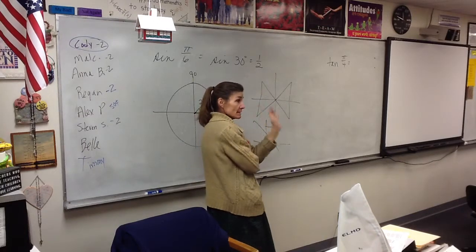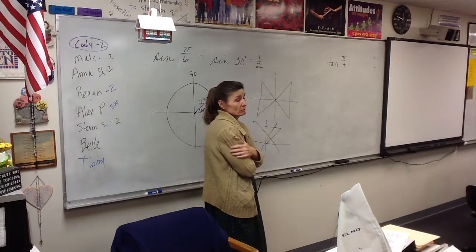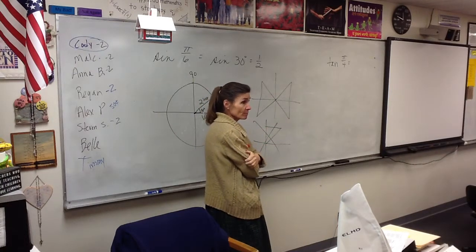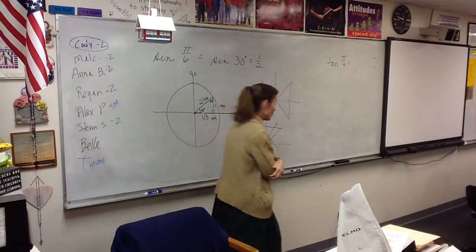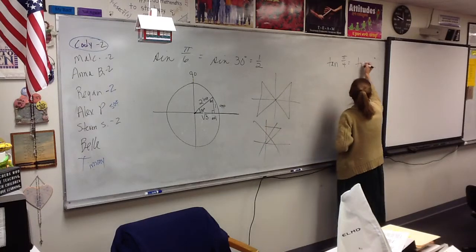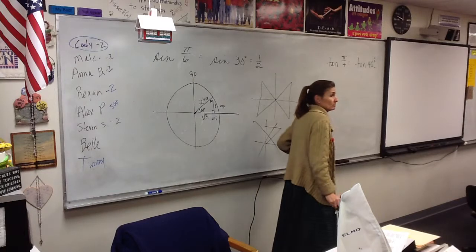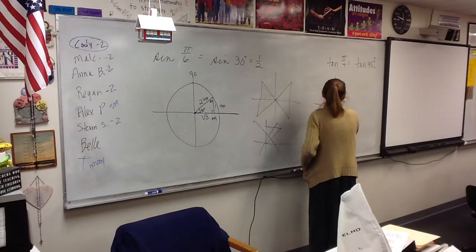Well, tell me about pi over 4. It's 180 divided by 4, which is what? 45. So this time, we're going to draw a 45-degree angle. So here's my circle.